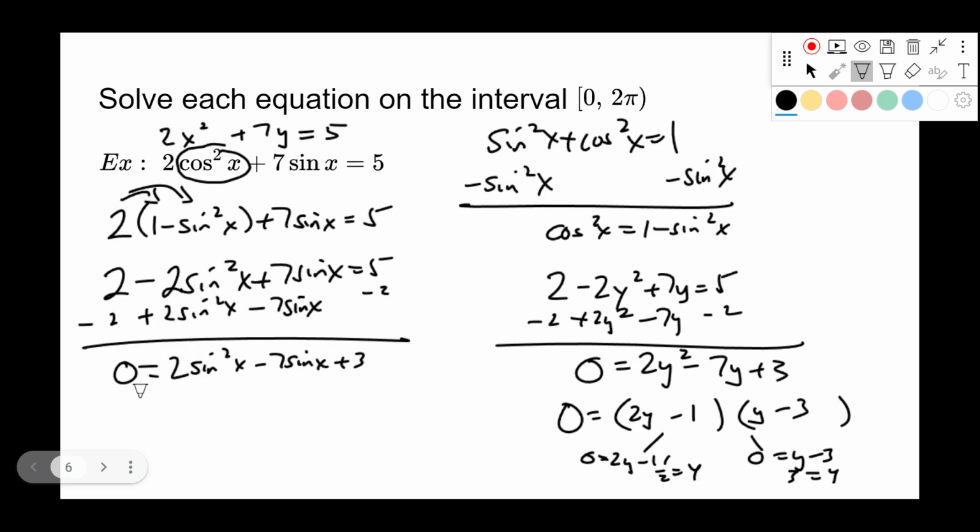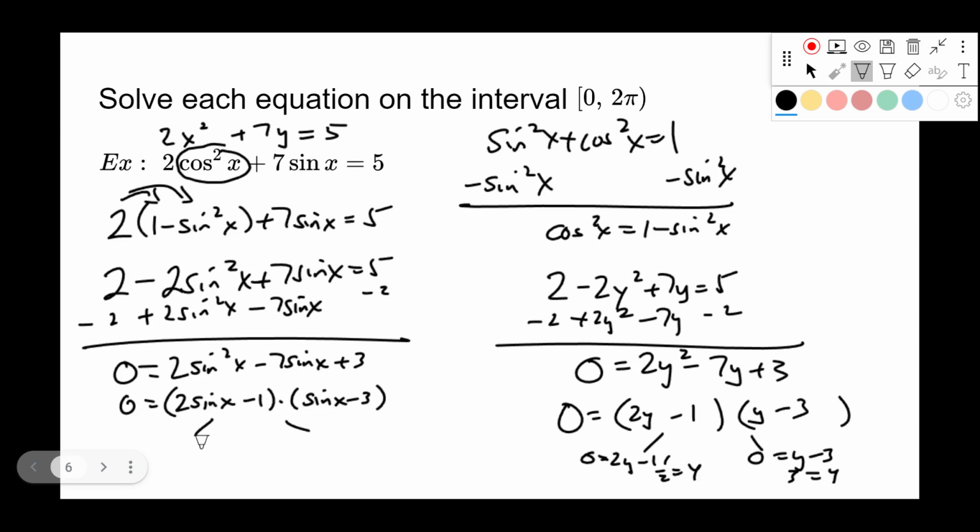I'm going to factor it literally with the sines in there. You can do that. It doesn't make a difference. Normally we would write y and y or x and x. You could just write sine x. So it factors the same way we just factored the other one. So I get 2 sine x minus 1 times sine x minus 3 equals 0.